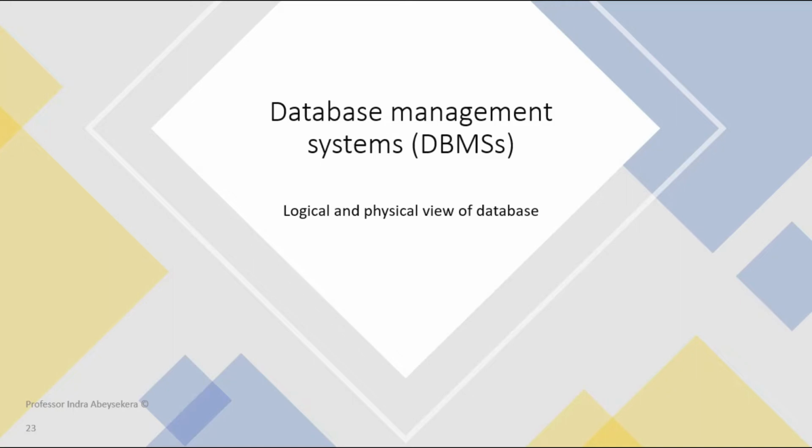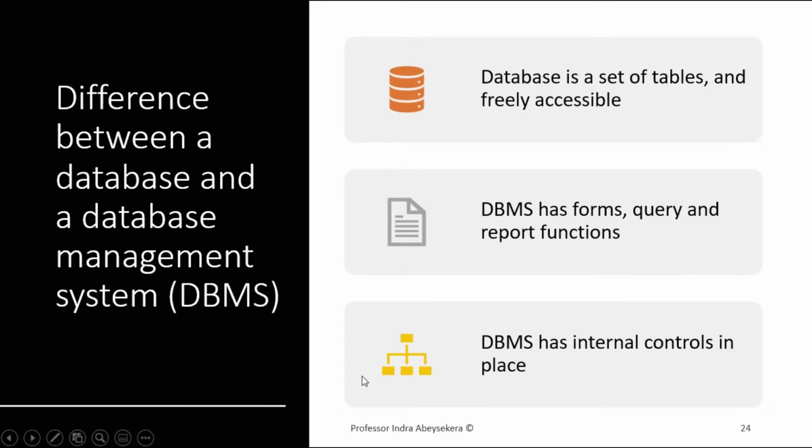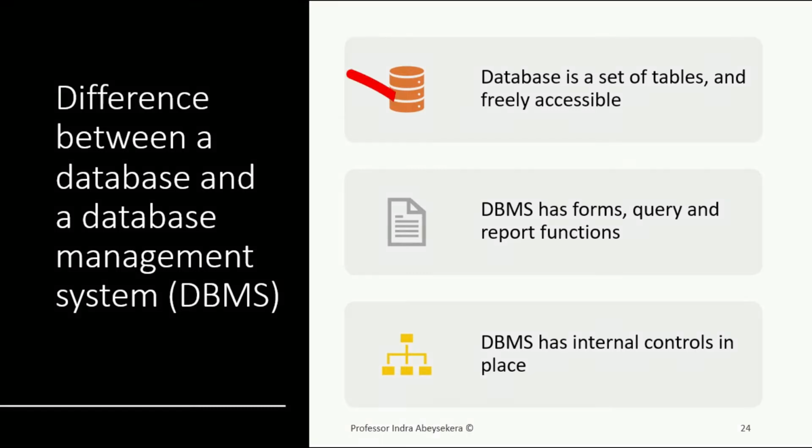Database management systems have a logical view and a physical view. The difference between a database and a database management system is that a database is a set of tables. They're freely accessible.